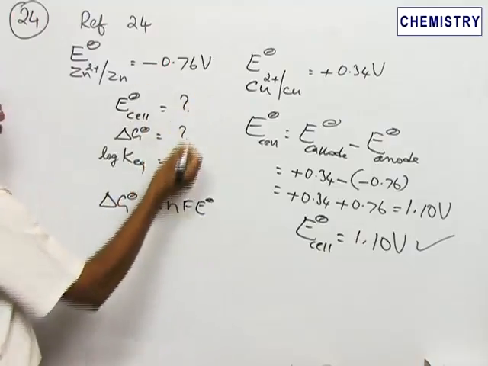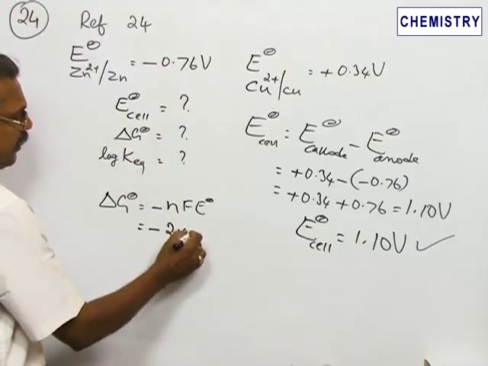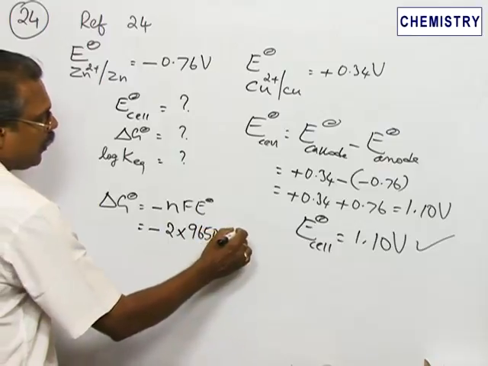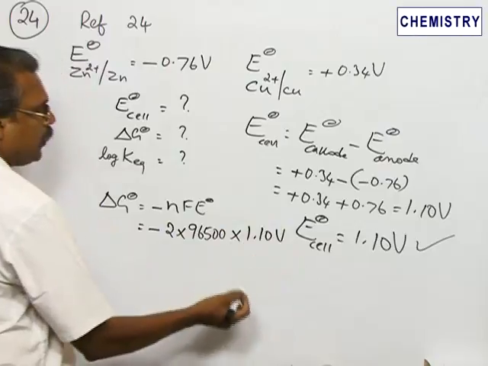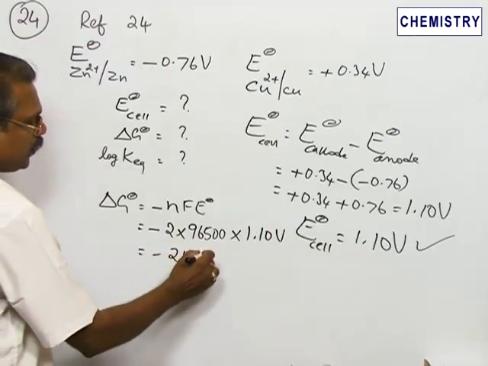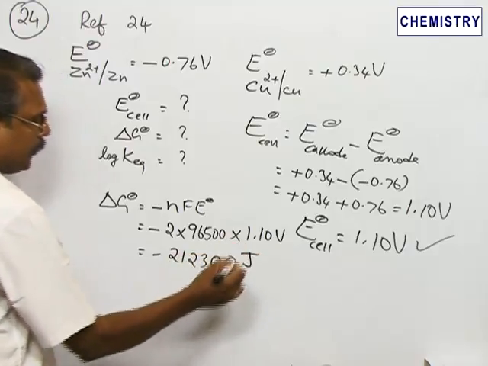For this cell, n is equal to 2, the Faraday constant is 96,500 coulomb per mole, and EMF is 1.10 volt. If you multiply all, we have minus 212,300 joule.